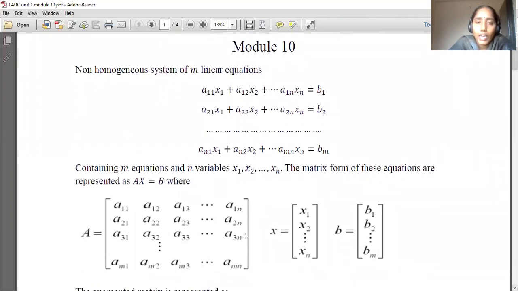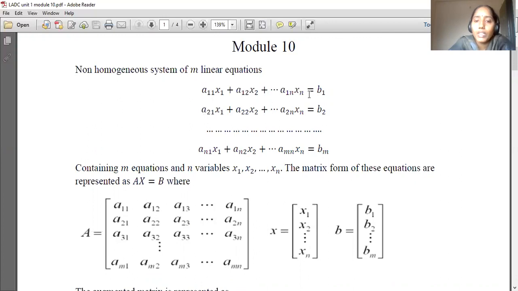In matrix A, the coefficients of x1 to xn of the first equation are in the first row, and the coefficients of the second equation are in the second row, and so on to the last row.